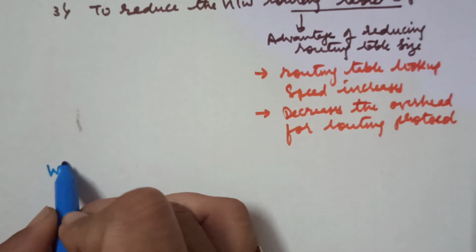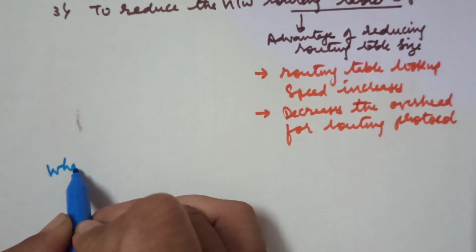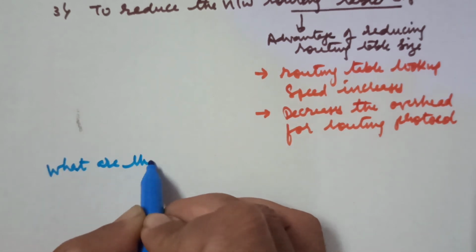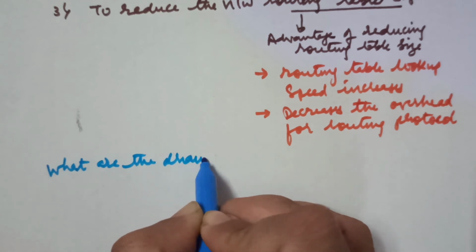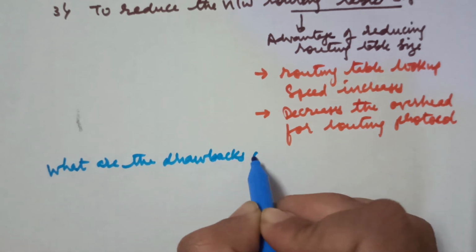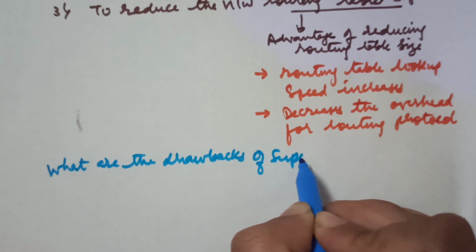Now, what are the drawbacks of supernetting?